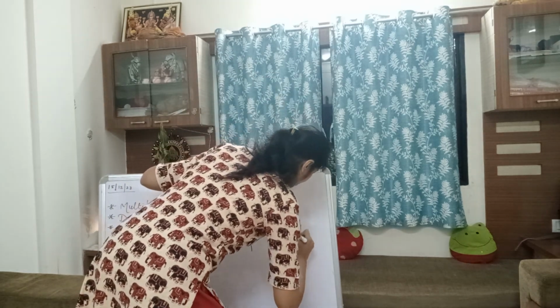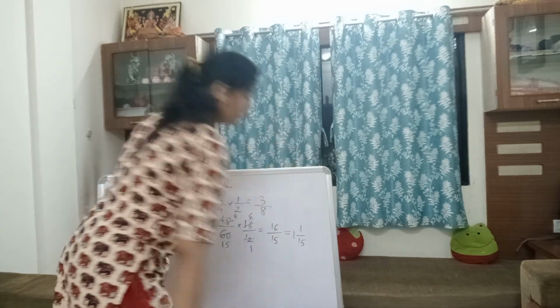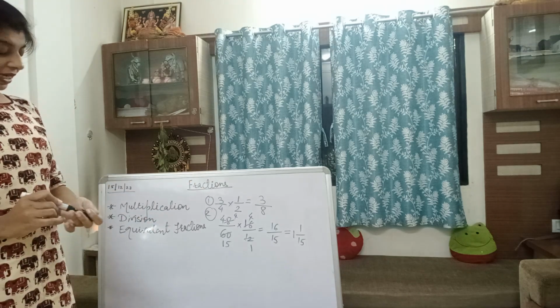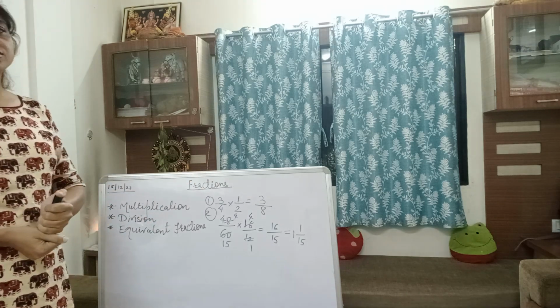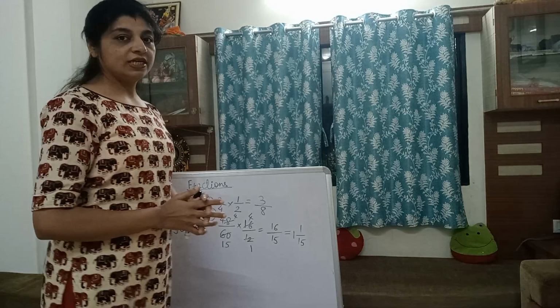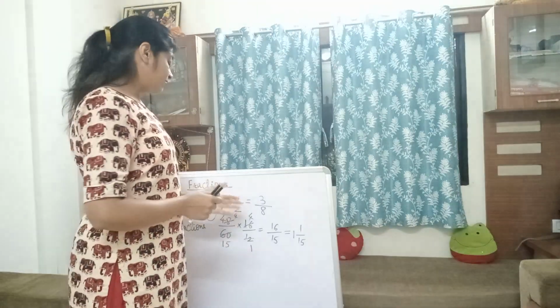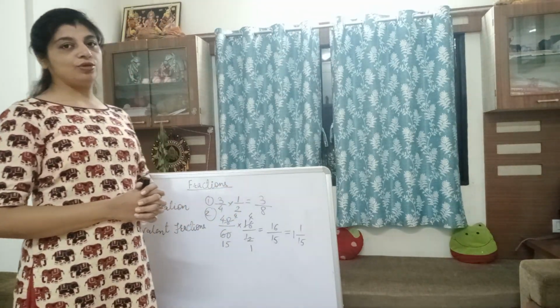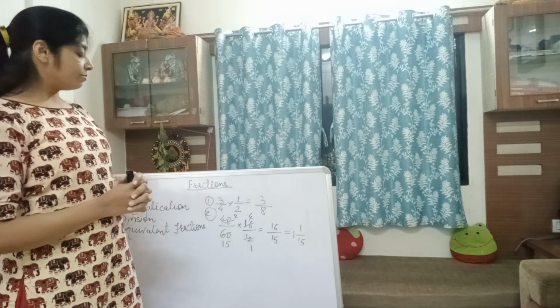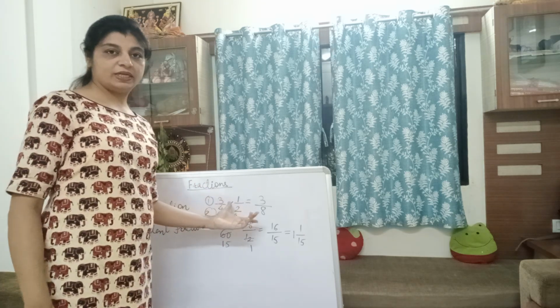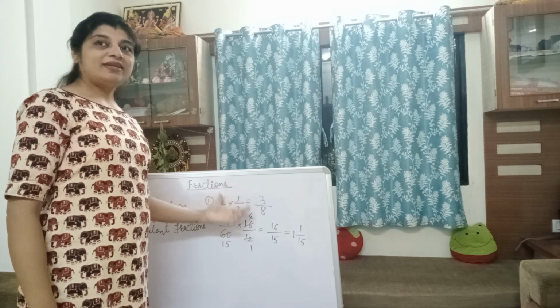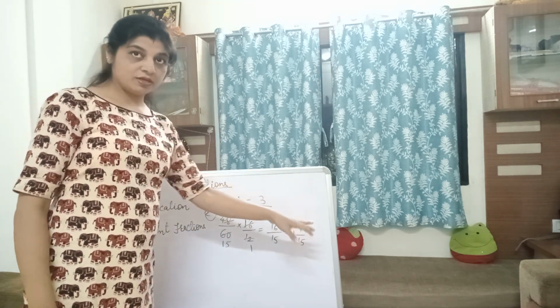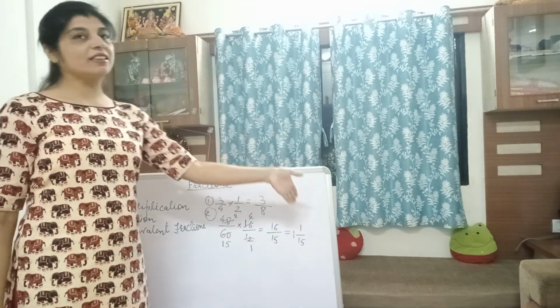So it comes 1 integer 1 upon 15. So to conclude, in multiplication of fractions, you're not at all supposed to think about whether the fractions are like fractions or not. It doesn't make that much sense in the case of multiplication. You can directly multiply and reduce, or first reduce and then multiply.